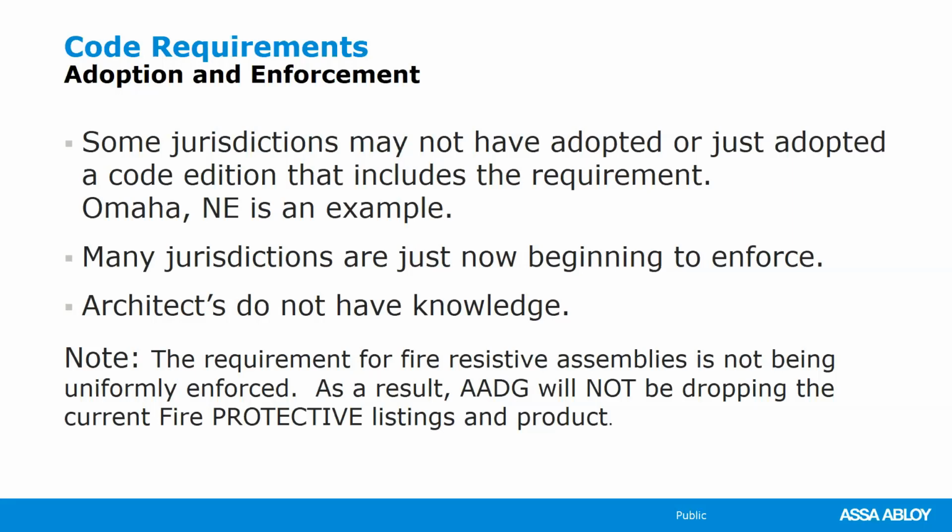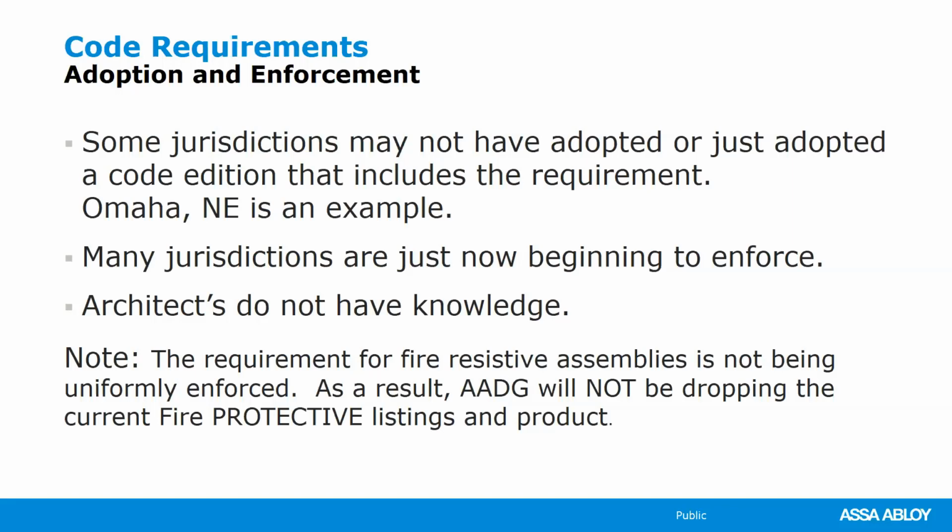One thing to note, because this requirement in the code is not being uniformly enforced across the country, the Assembly Door Group is not going to be dropping our current fire protective listings and product. In other words, being able to use a ceramic glass in a hollow metal frame for a 60 or 90 minute fire rating.